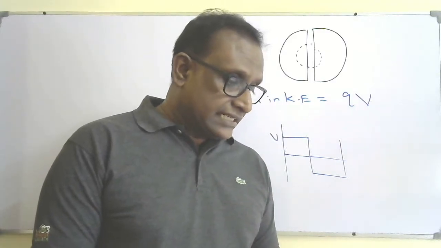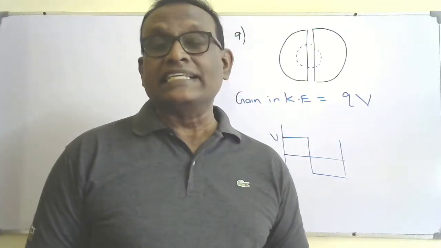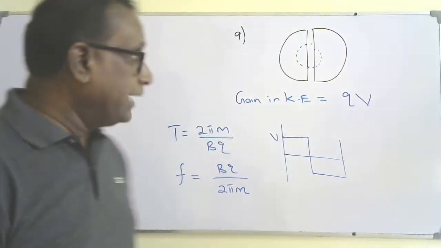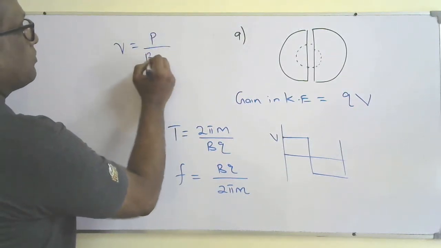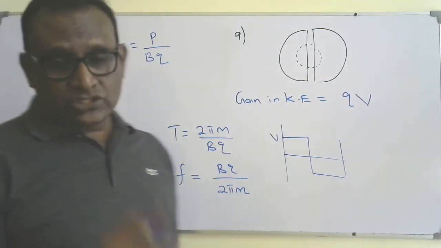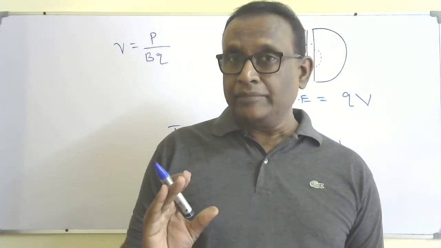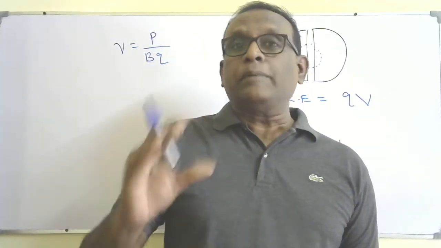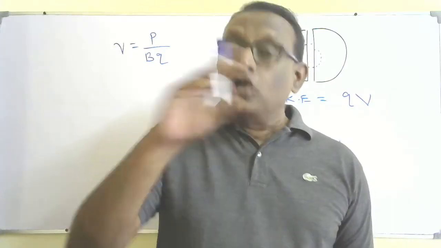Statement C, increasing the strength of the magnetic field within the disk. Actually, the strength of the magnetic field decides the radius of the orbit. So R equals P over BQ. If you increase the B, the radius will decrease. So that is an advantage. By increasing the B, you can reduce the R, which means you can keep the particle inside the cyclotron for a longer time.